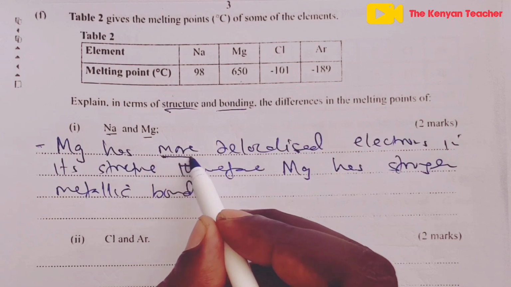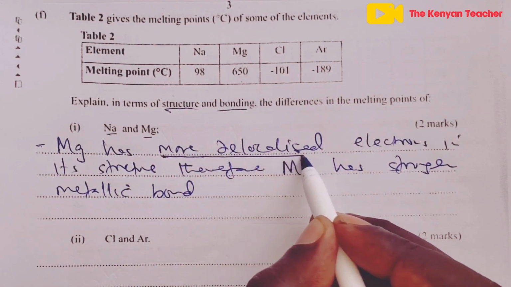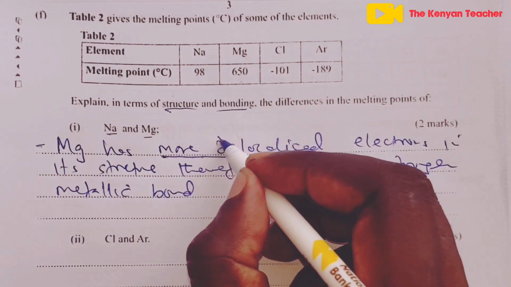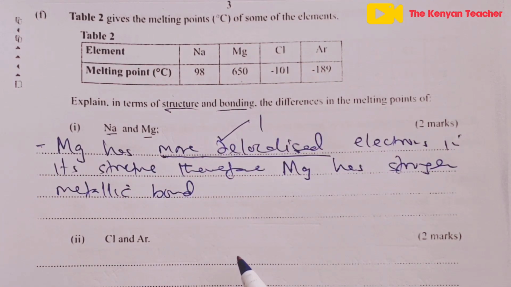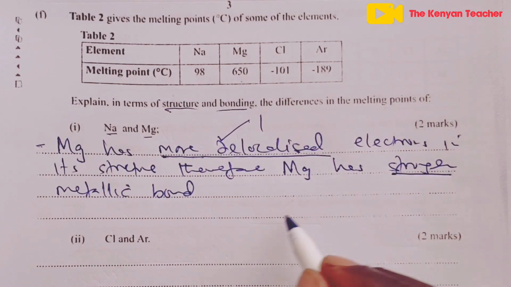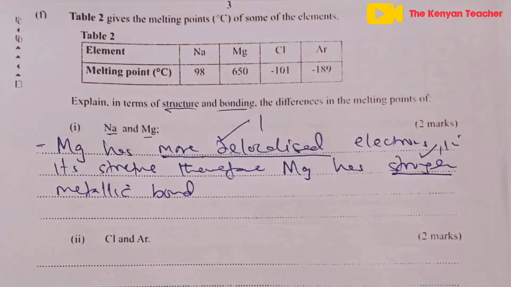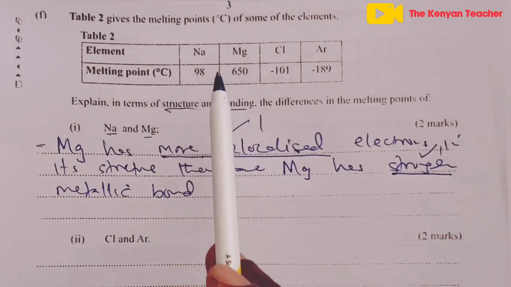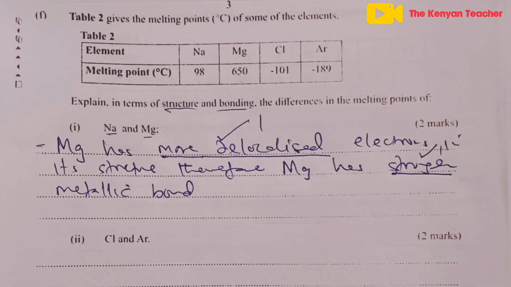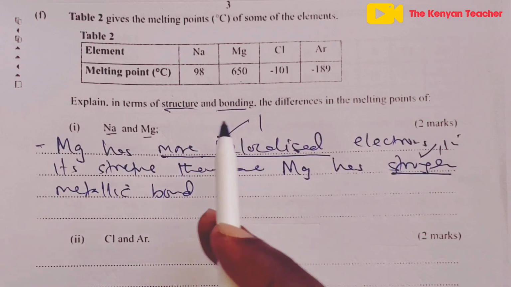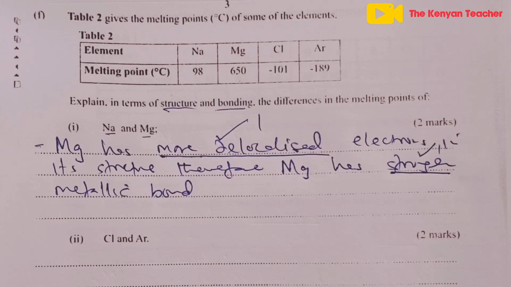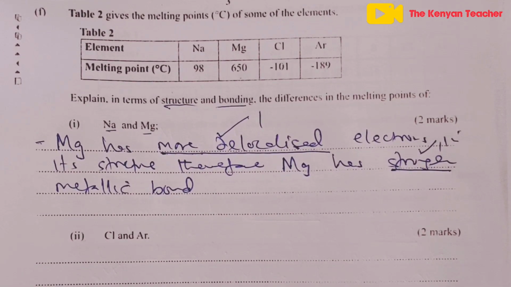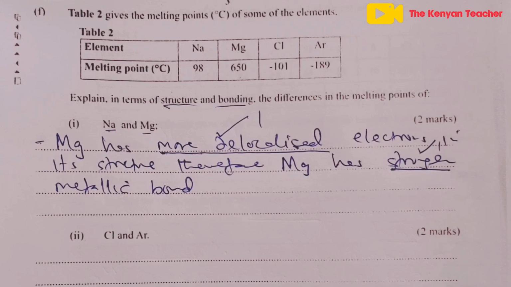The fewer they are, the weaker the bond. So more delocalized electrons would earn 1 whole mark, and stronger metallic bond another mark. Candidate, remember, here we didn't have to show the trend. It's already indicated in the table. I know many of you would start with magnesium has a higher melting point and you expect marks. We were not awarding that. Reason is the table is already having that trend.